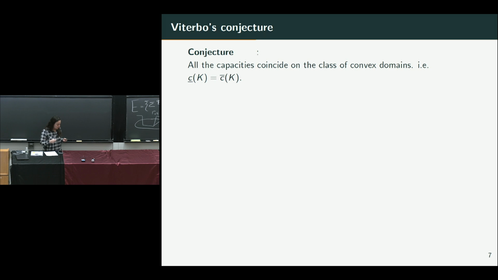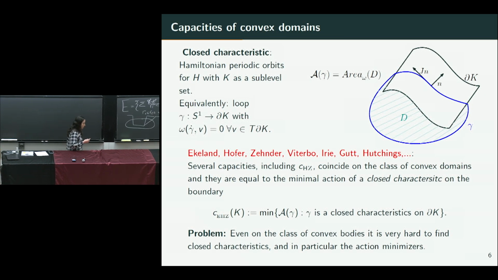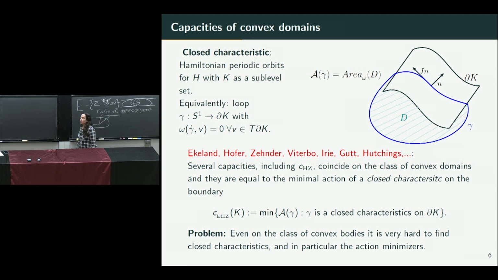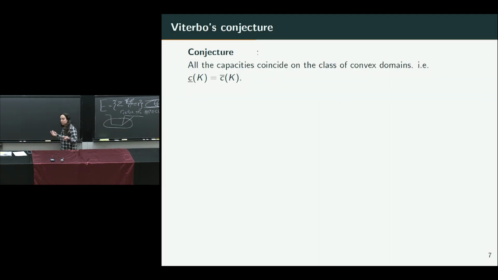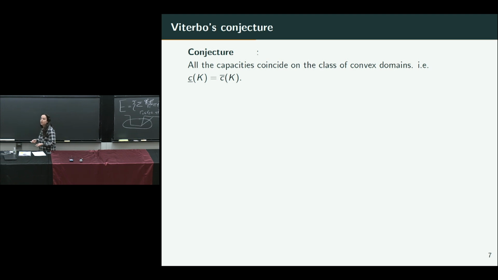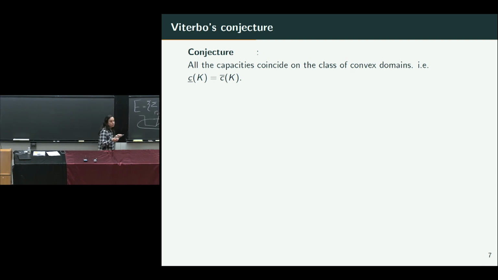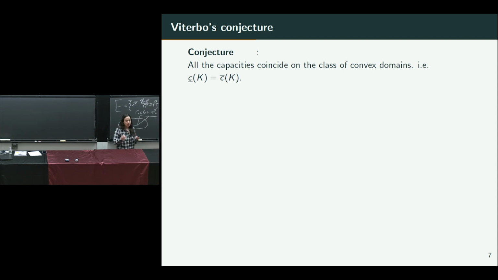So I guess motivated by the fact that a lot of the capacities coincide for convex domains, there was a kind of folklore conjecture which stated that perhaps all symplectic capacities coincide when restricted to convex domains. So maybe these axioms are enough to guarantee the value of a set when it's convex.